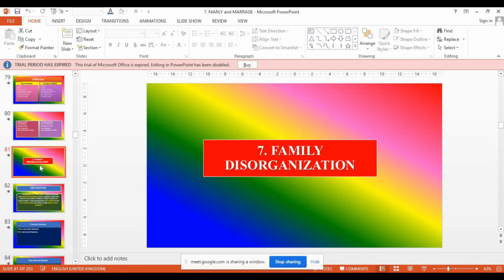Family disorganization means abnormal or imbalanced relationship between family members, which affects not only husband and wife, but mainly the children. Family disorganization has been defined by different scholars differently. So this is the basic concept regarding family disorganization.